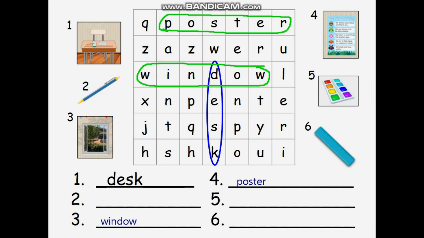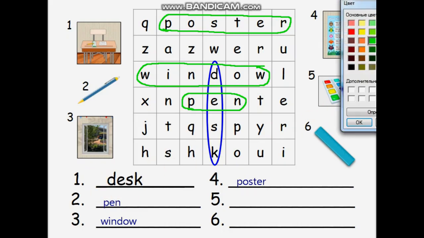Look, what is there? A pen is there. Where is a pen? Here it is, a pen. Number 2 is a pen. Let's write pen. Number 2. Pen.